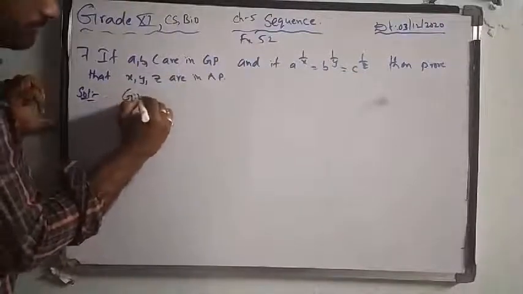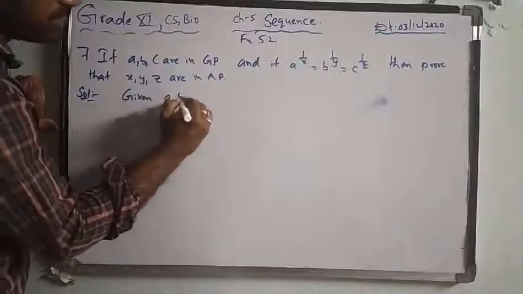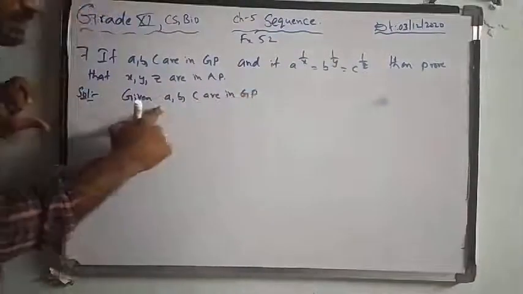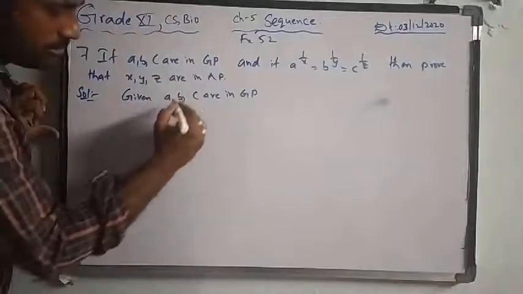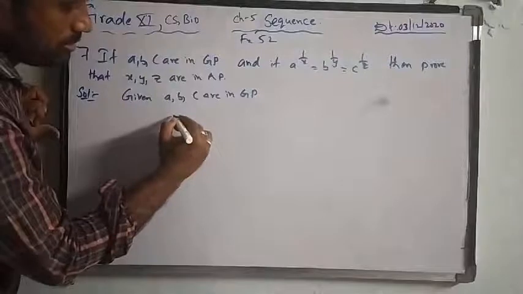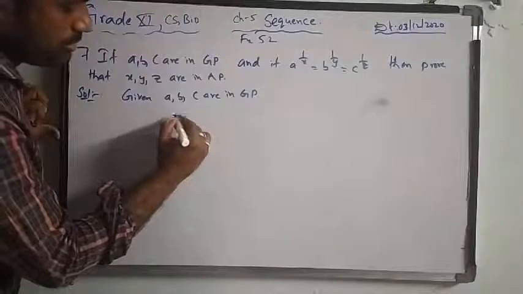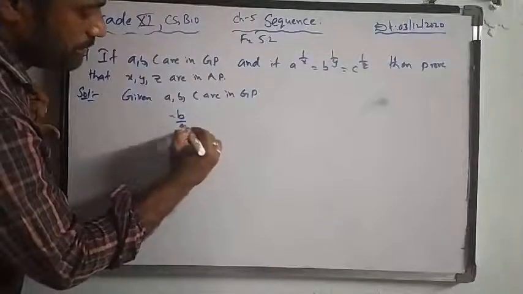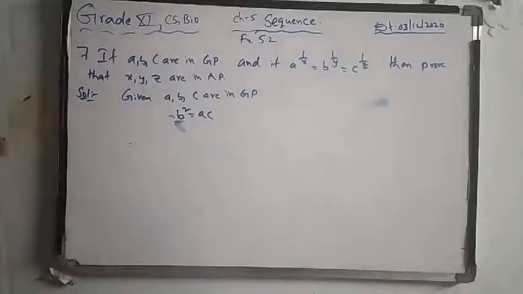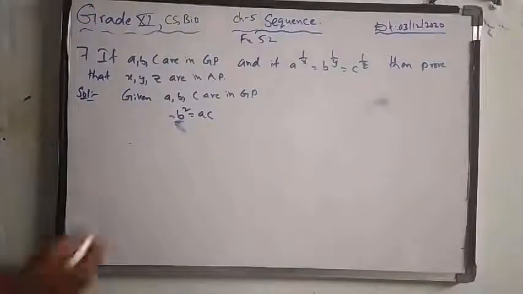Given: a, b, c are in GP. If a series is in GP, then we know that b square is equal to ac.